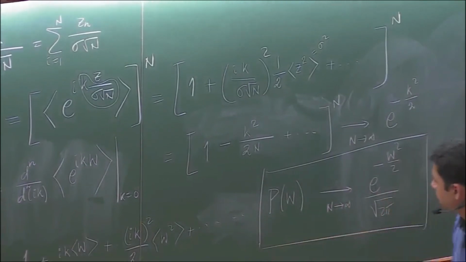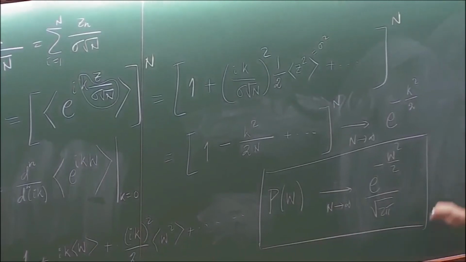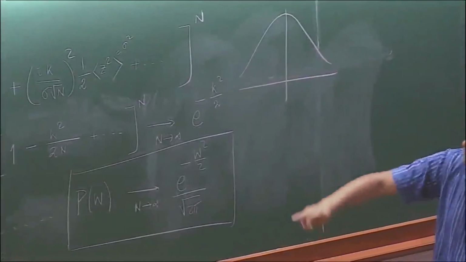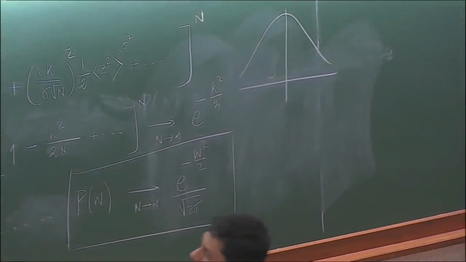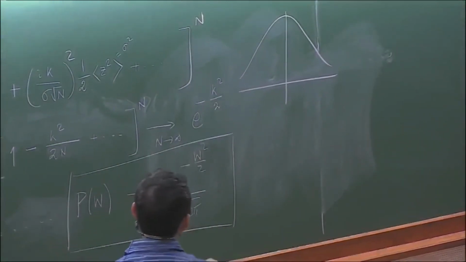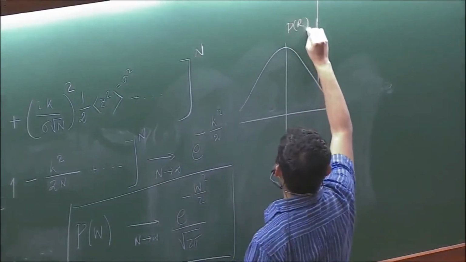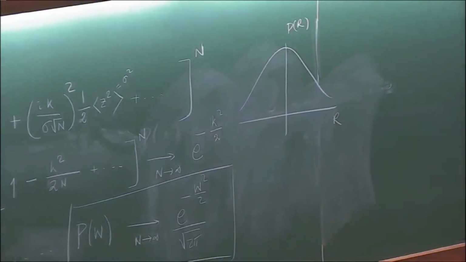So it says that if you look at sum of random variable, right, and you look at its distribution, right? So let me just draw this picture now. So you have some sum of random variable, which is, let's call it R, P of R, it will have some distribution, right?